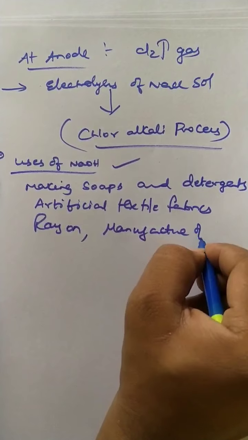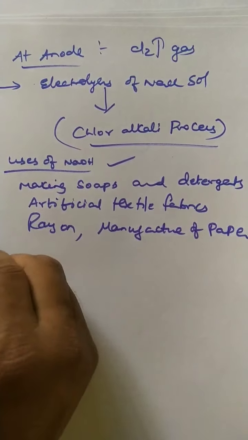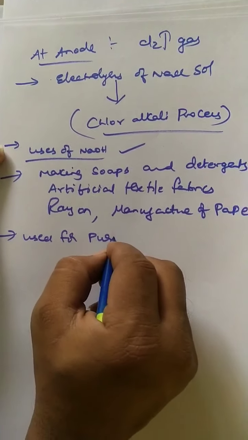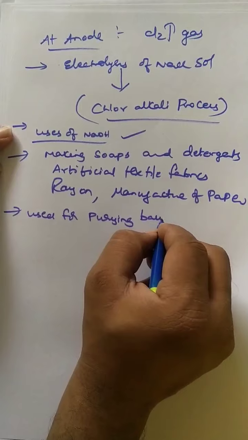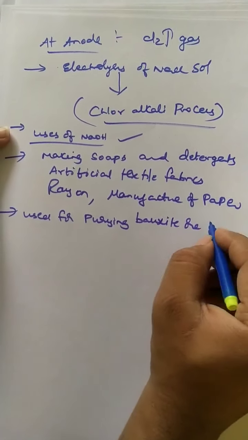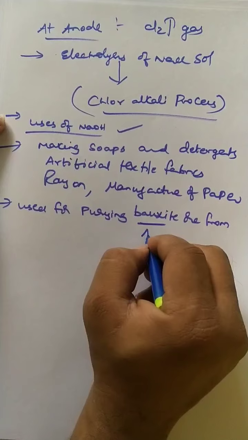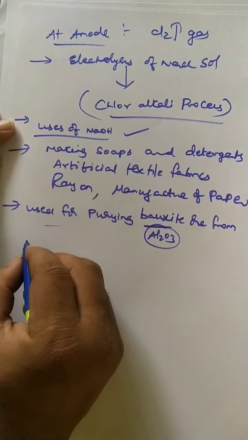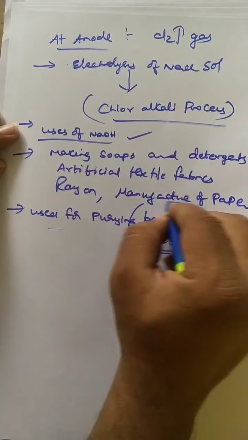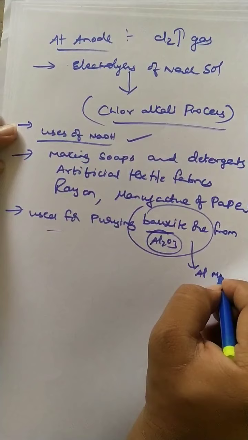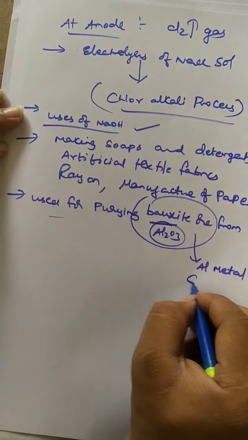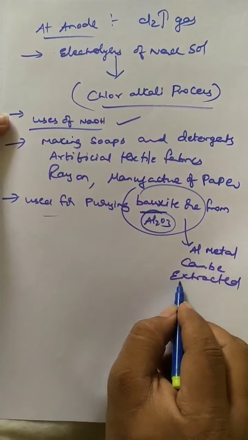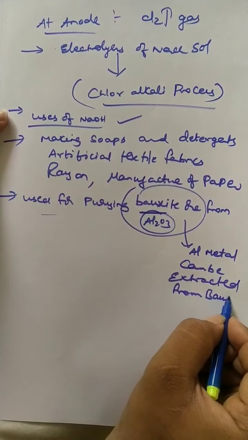Other uses: in the manufacture of paper, and for purifying bauxite ore. What is this bauxite ore? Bauxite, Al2O3. Aluminium metal can be extracted from bauxite ore. That is an important point.